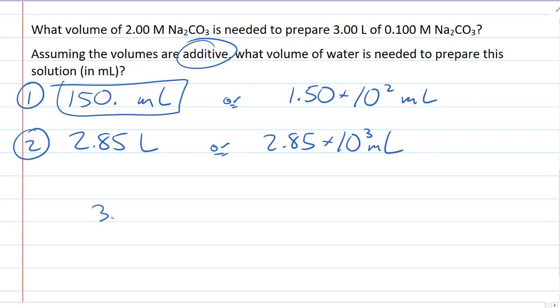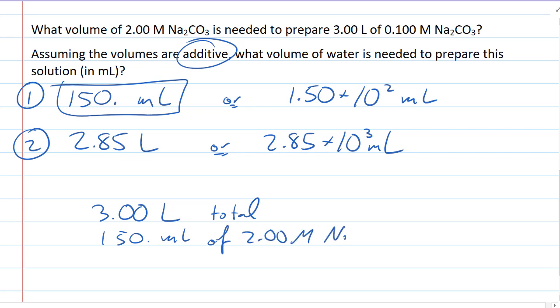So we know that the total amount is 3.00 liters. This is the total. We know the amount that is the solution, which is 150 milliliters of the, which one is this? The 2.00 molar sodium carbonate. So how do we get the 2850 or the 2.85?